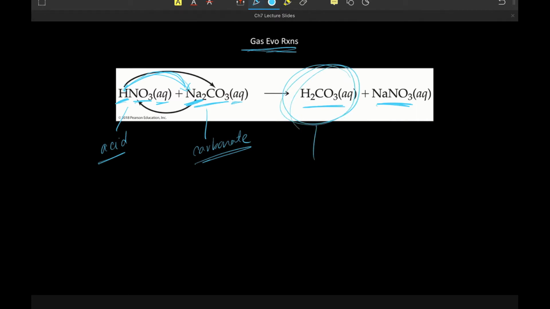It turns out there is a set of compounds that just instantaneously decompose, as in this will instantaneously decompose to form this, which means that when we do the reaction, what we're going to see is bubbles as the result of the decomposition of the H2CO3, where decomposition simply means the breaking down into smaller components.